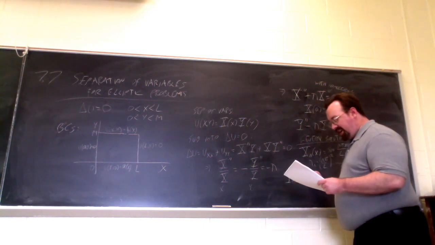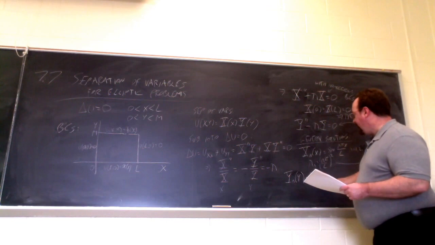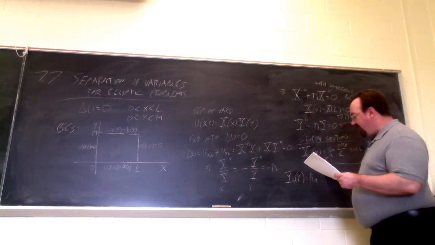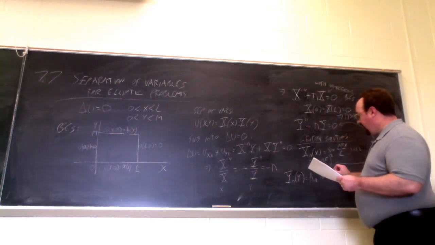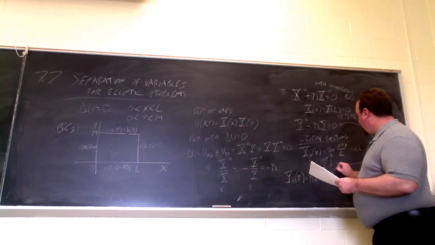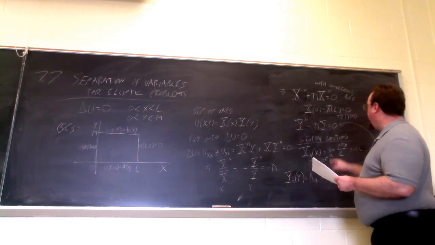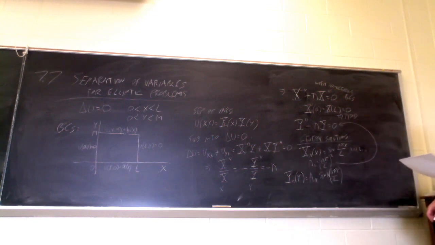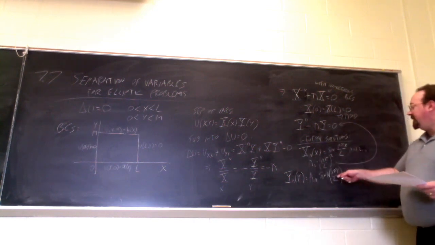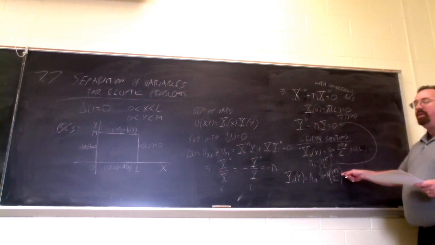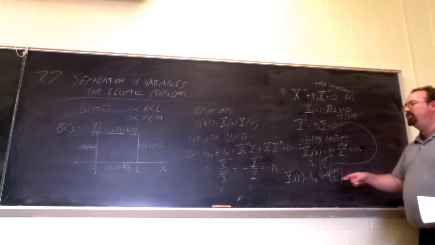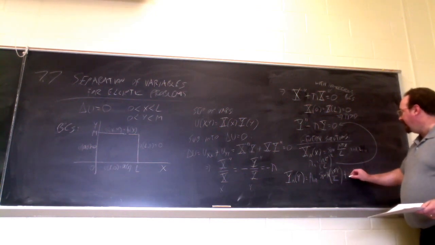So y sub n of y is going to be a constant times, and we'll go ahead and use a hyperbolic sine, sinh n pi y over L. So the same eigenvalue. And this is convenient because if I set y equals 0, I get 0. So this term will drop out and make way for my other term.